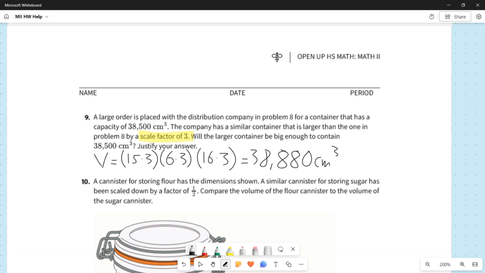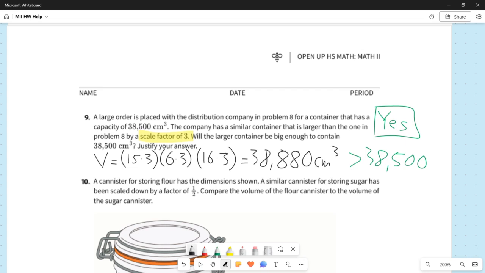Now, 38,880 is larger than 38,500. And so, will the larger container be big enough? Yes. So our final answer is that yes, the larger container, because it has a volume of 38,880, will be able to contain 38,500, barely, but it does in fact work.